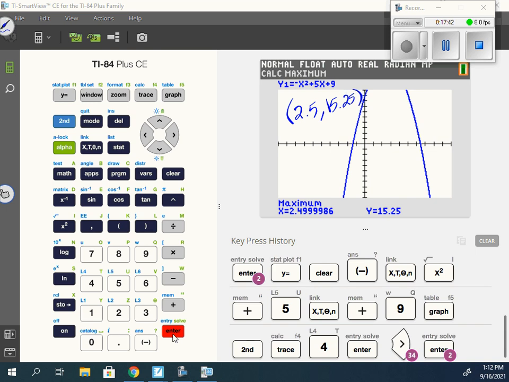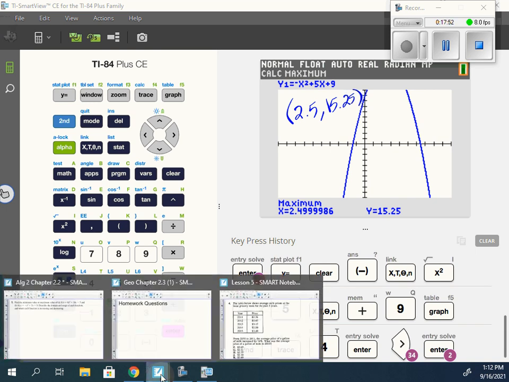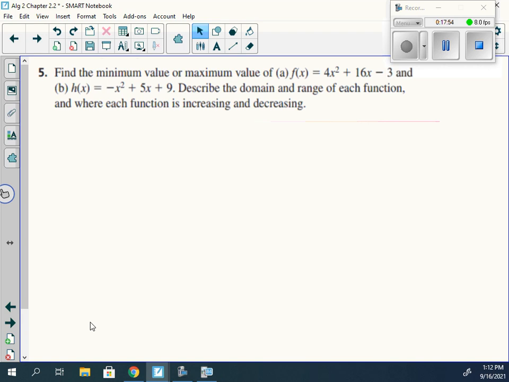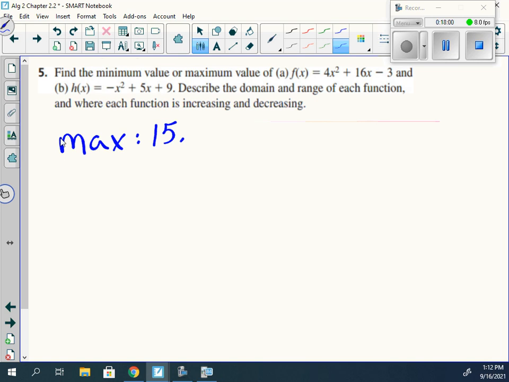It's the pixel amount that it's approximating, but it is 2.5 and 15.25. So I'll pull this other screen back up. It means that the maximum value is 15.25.